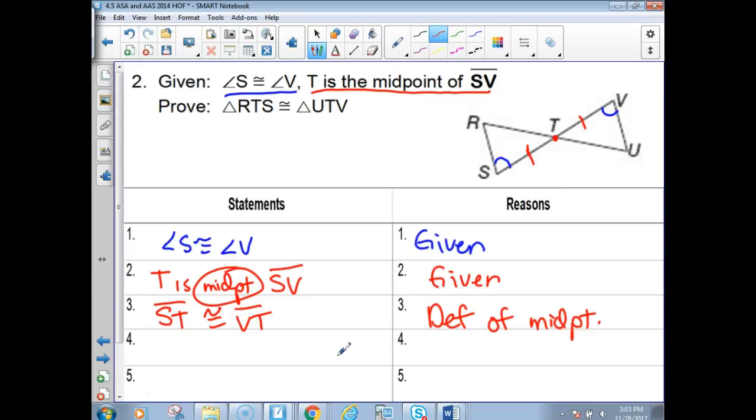Okay, now I've run out of givens, and I've used the information I can use. I can't assume that T is the midpoint of RU. I can't do that. Don't ever do that. It didn't say that. It only said T was the midpoint of SV. So I got to go to this picture, and sort of like the crime scene. When they don't know what happened, they go to the crime scene and barrier it off to look for more what?